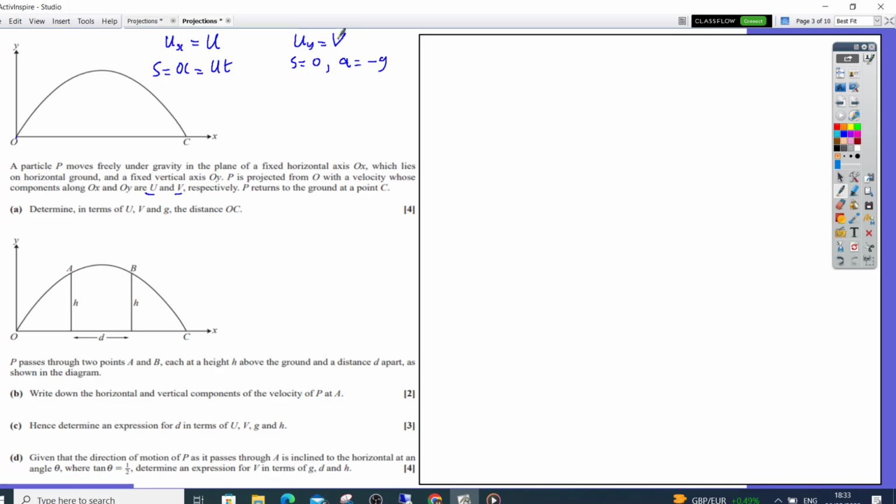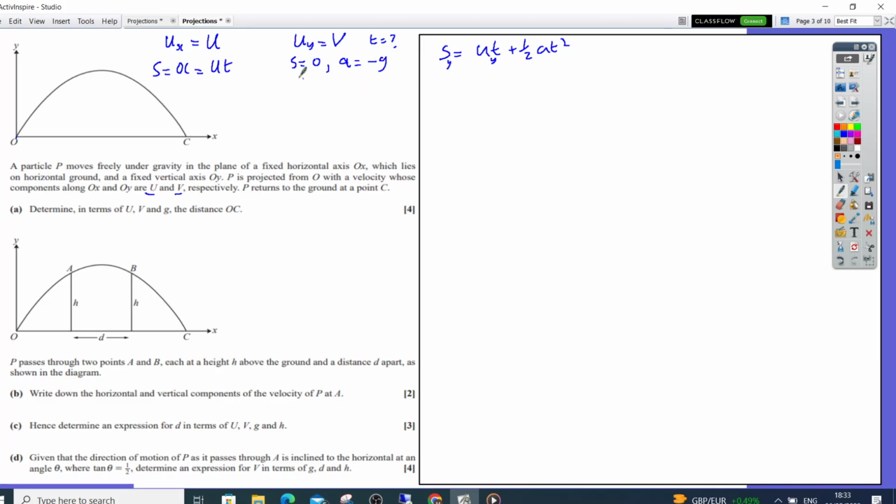Well, we know that the initial velocity is V, and we need to find what T is. So with U, S, T, A, we can use the formula, a very important formula: S equals UT plus half A T squared. I'm going to put Y there because this displacement is in terms of Y, the vertical.